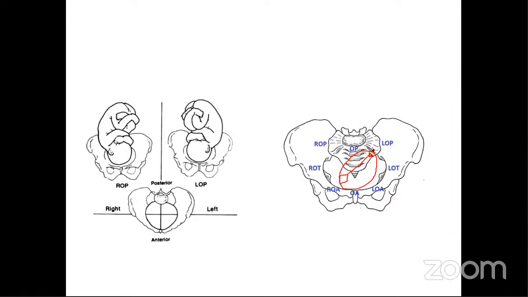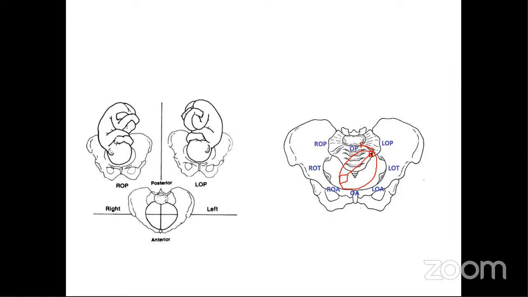From here, once the engagement occurs, because of the uterine contractions and the further flexion of the fetal head, another important movement occurring during labor is the internal rotation.